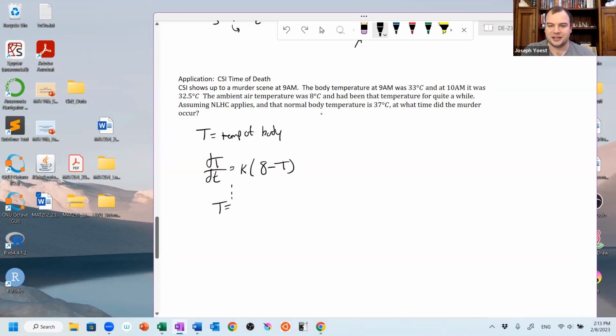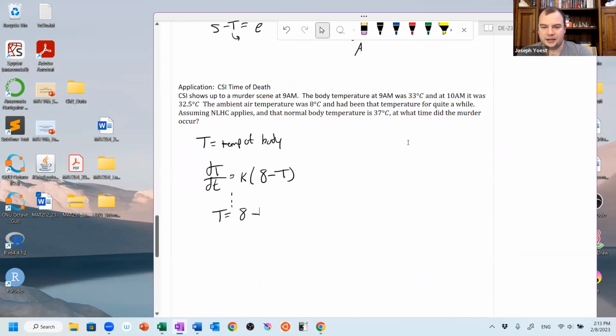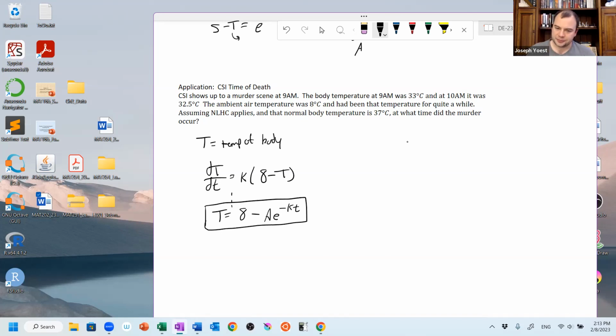I was getting ready to say S and trying to draw 8, and I drew an S. 8 minus, and let's just put an A in here, A e to the negative kt. So this is my model for capital T.